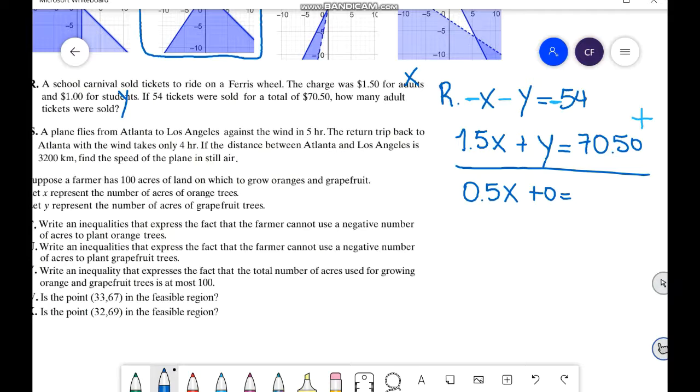And negative 54 plus 70.50 is 16.5. Multiply by 2 both sides, and find x equals 33. This is the answer. This is going to be the right answer. Okay, for letter R, the right answer is x equals 33.